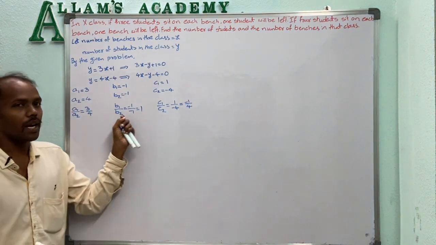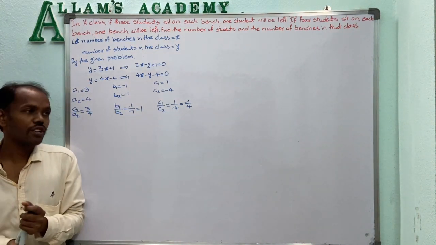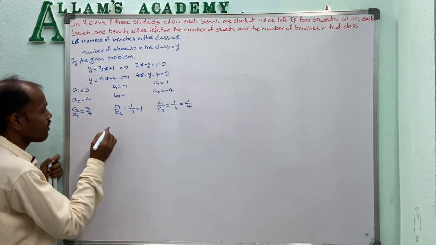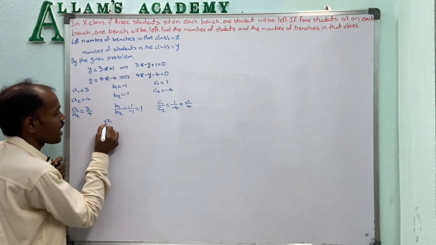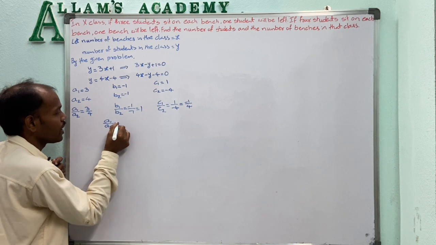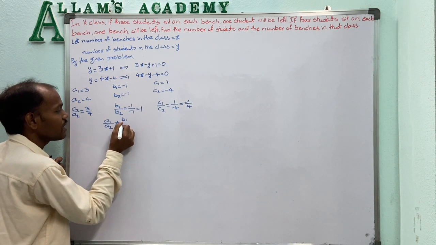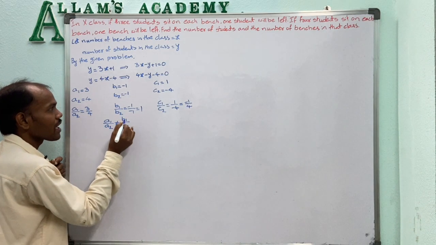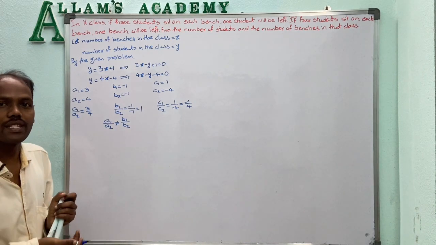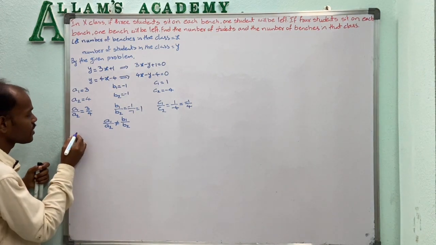Now if we observe the ratios of coefficients, a1 by a2 is not equal to b1 by b2. That means the pair of linear equations is consistent.